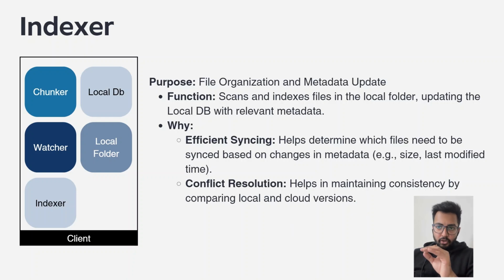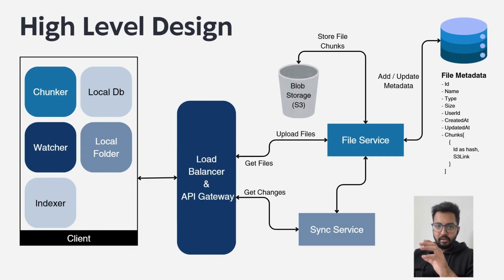So that was all about the elements of this client. Going back to our high level design, after all these functions are performed in the client, the request then goes to the load balancer and API gateway.